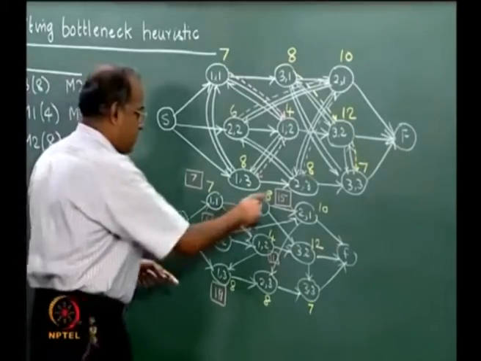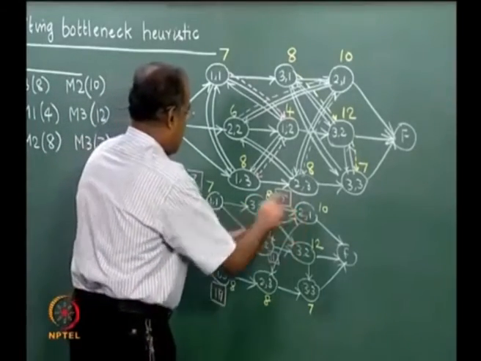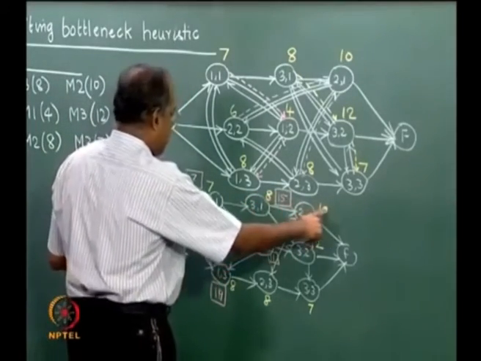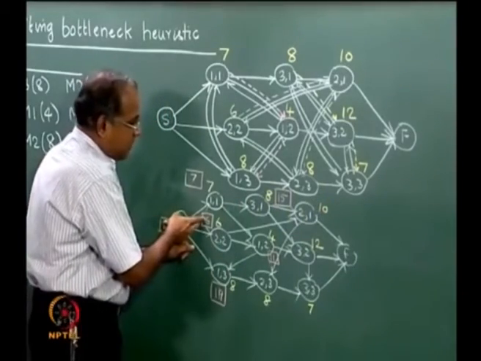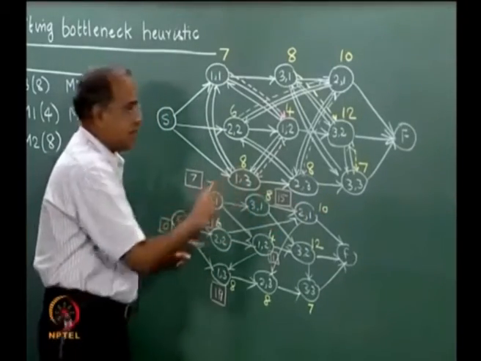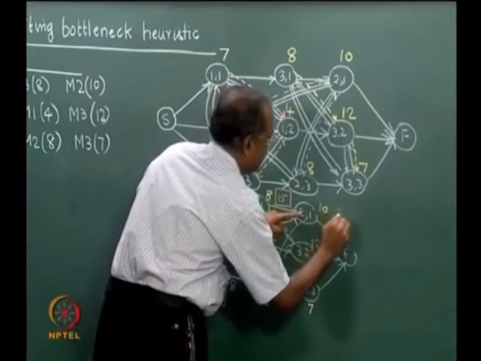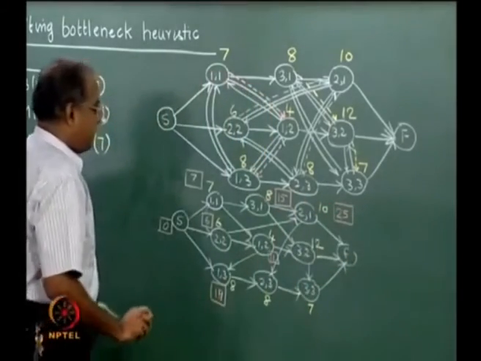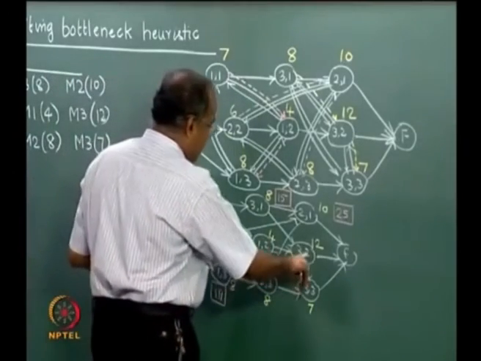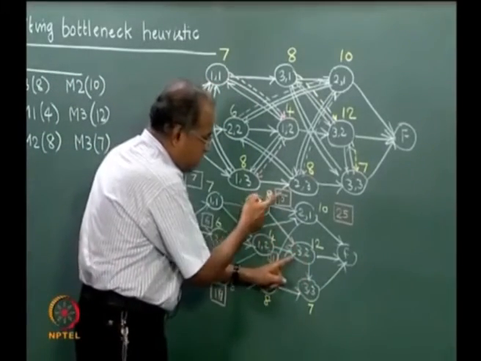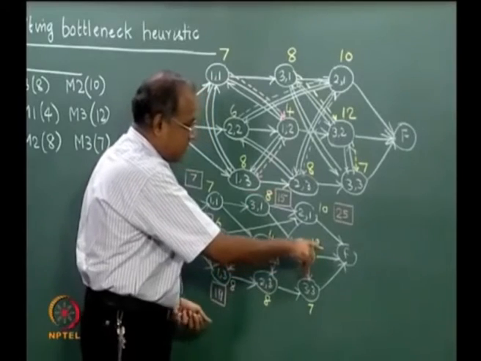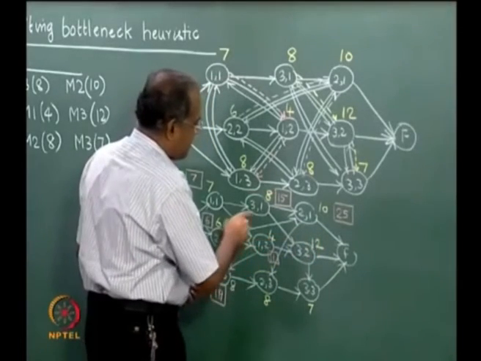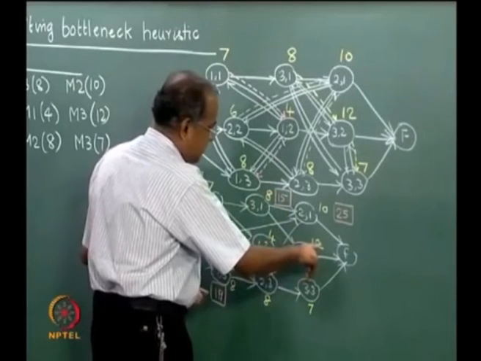So, now we have come up to this. Then in order to look at this, this will be 15 plus 10, 25, this will be 6 plus 10, 16. So, we will look at this at 25. Now we have evaluated this node, now we have to evaluate this node. So this is 15 plus 12, 27.